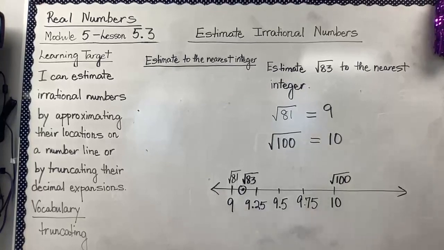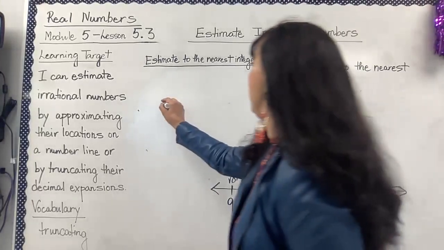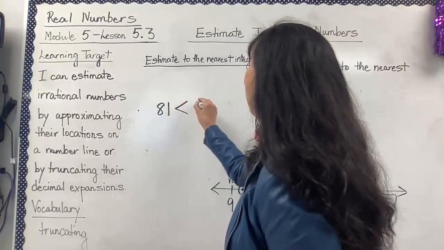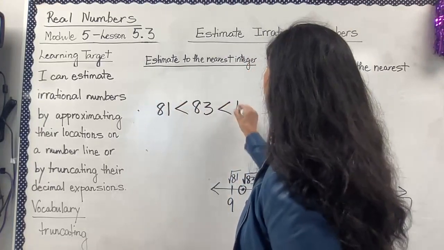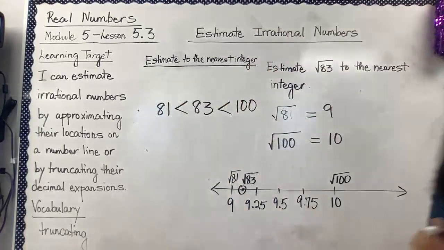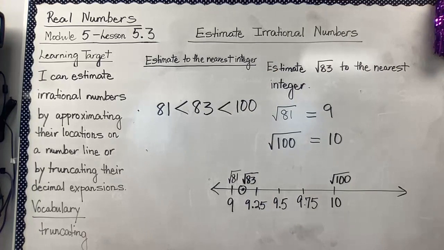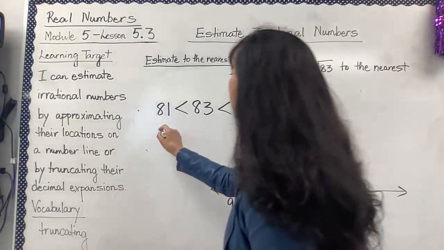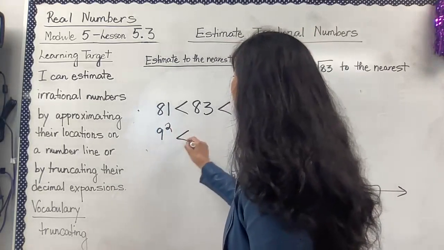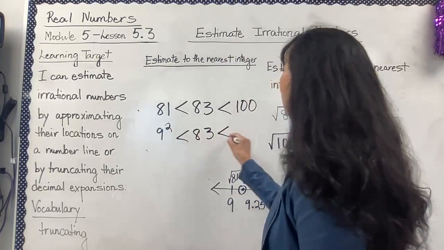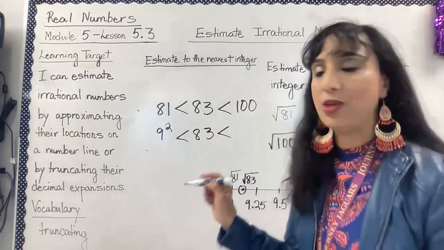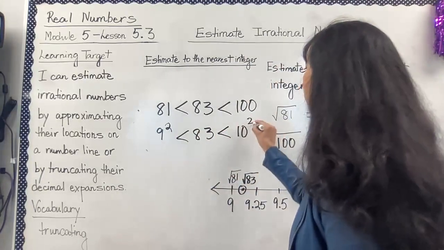And I know that 81 is less than 83, which is less than 100. So we are going to write an inequality like this, and we know that 81 is equal to 9 squared, and we know that 100 is equal to 10 squared.